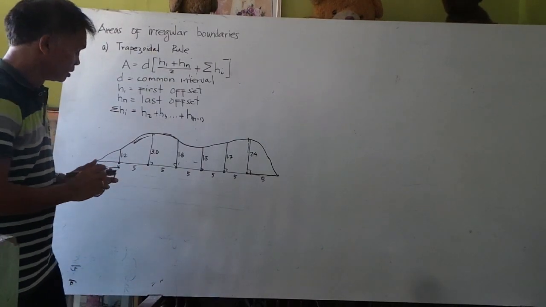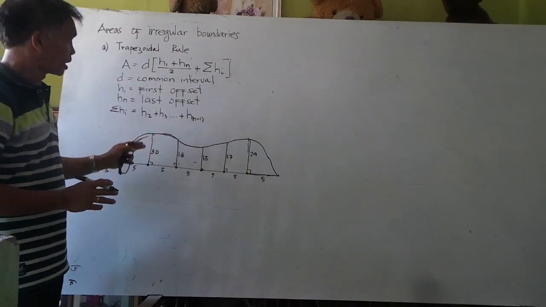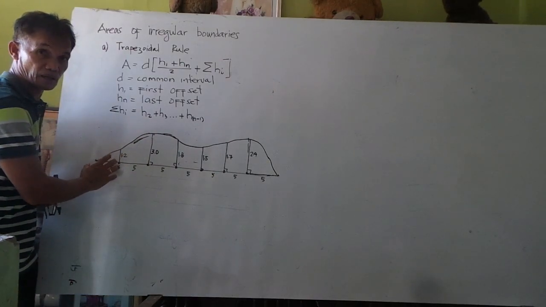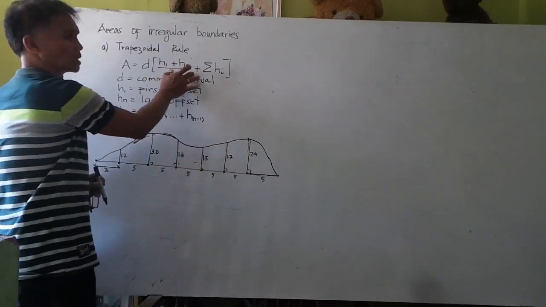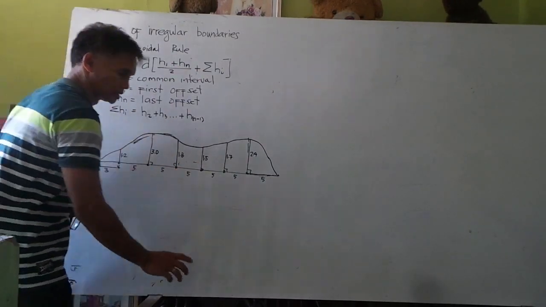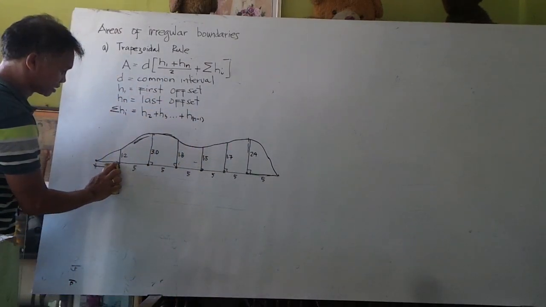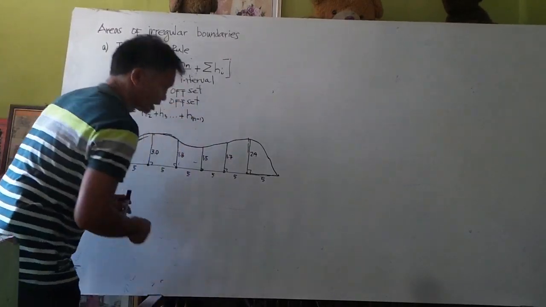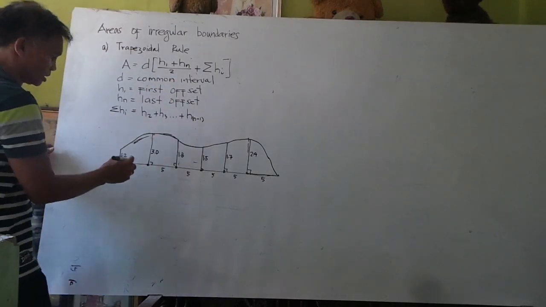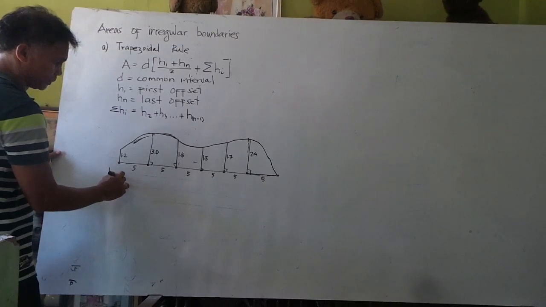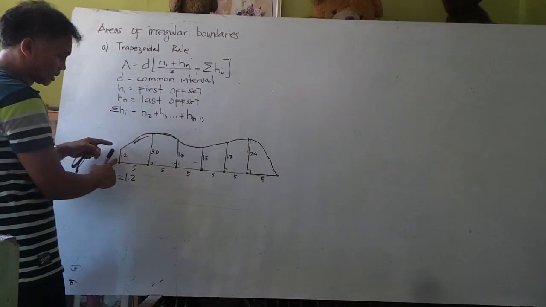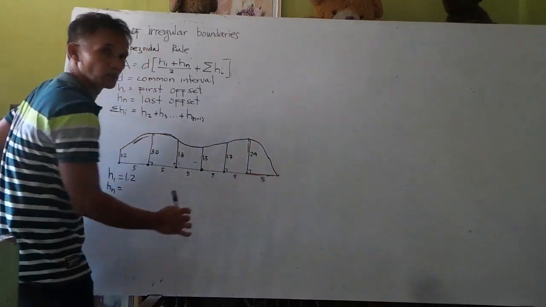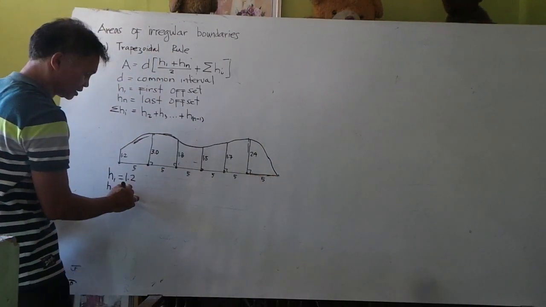To solve this by the trapezoidal rule, you have to separate the 3-meter interval, since the others share the same interval and you can use the formula. Separate it as its own area and add it afterwards. For the first area, H1 is 1.2, and the last offset is 0.